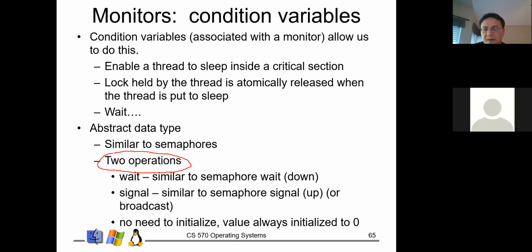But if there are some blocked processes or threads on a wait queue, one of them will be brought back from the wait queue to the ready queue. Any questions so far?